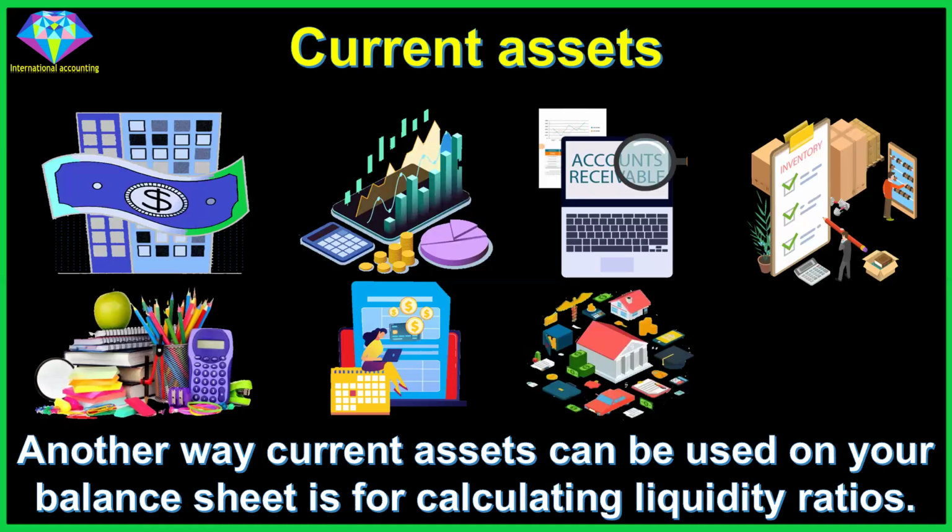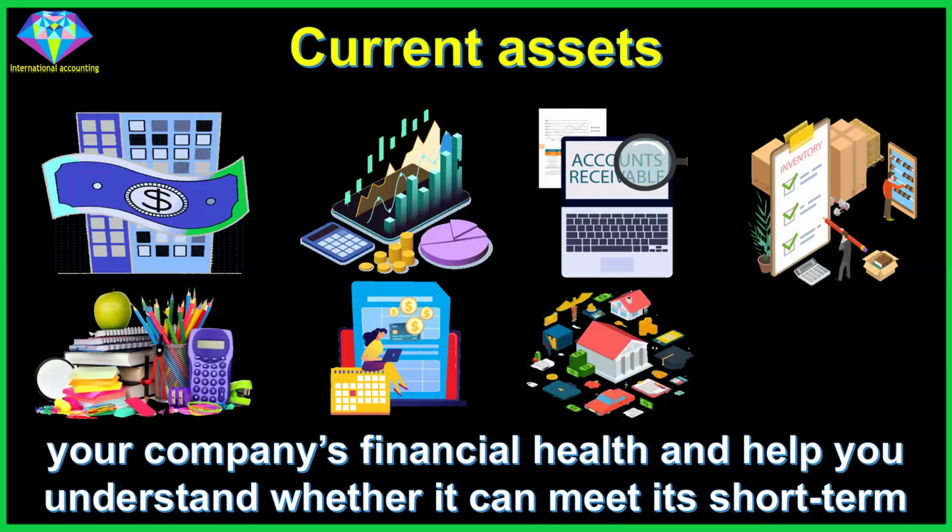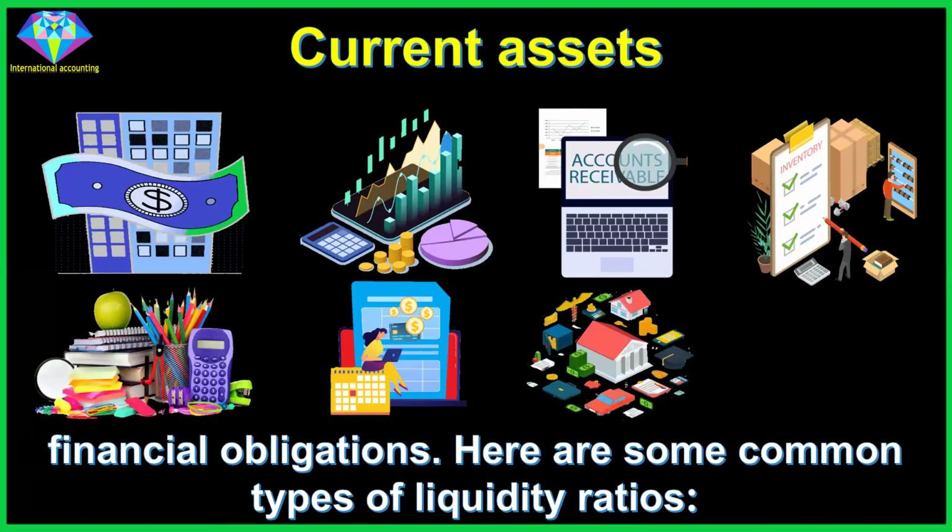Another way current assets can be used on your balance sheet is for calculating liquidity ratios. By showing you the balance of assets to liabilities, liquidity ratios give you a sense of your company's financial health and help you understand whether it can meet its short-term financial obligations. Here are some common types of liquidity ratios.